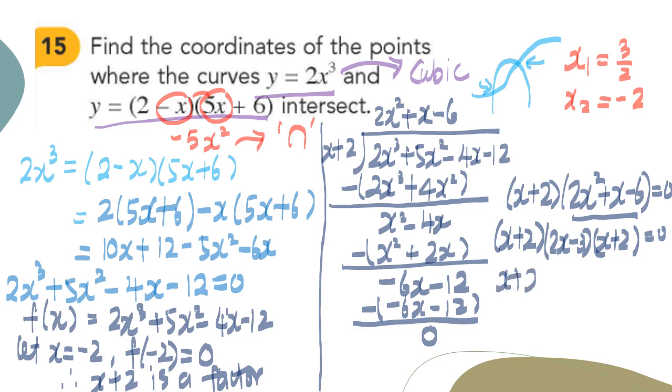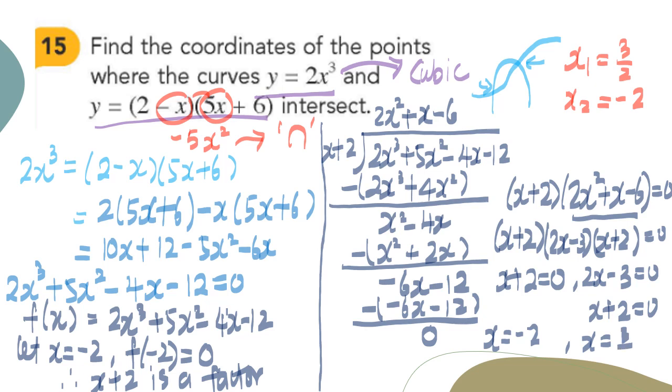So x plus 2 equals to 0, 2x minus 3 equals to 0, x plus 2 equals to 0. Right, so can you see that x equals to negative 2 is repeated? So this is what I mentioned just now, that x equals to 3 over 2 is one real root, and x equals to negative 2 is the repeated one.